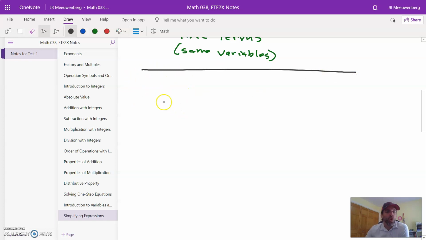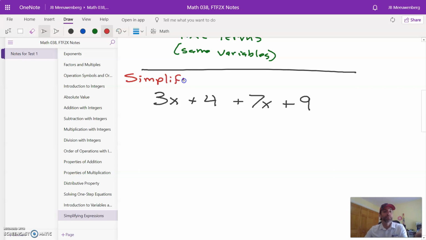So, what if we have something like this? 3x plus 4 plus 7x plus 9. So, if we pause and examine this expression, and we are told to simplify it, what we want to do is look for any like terms.